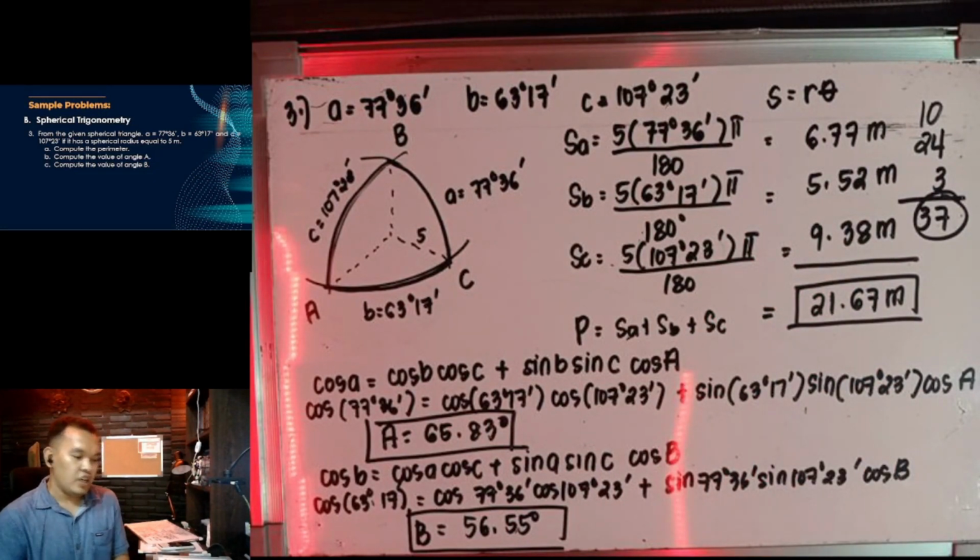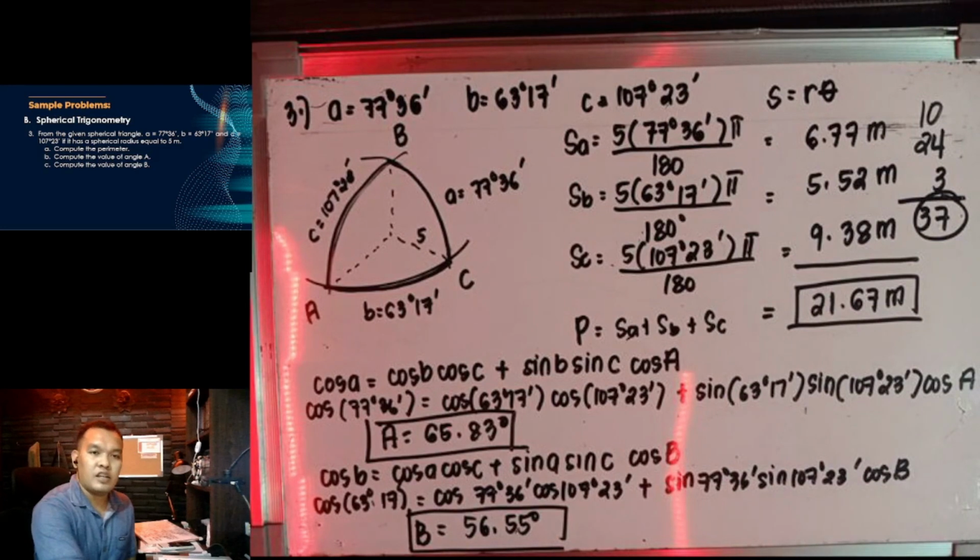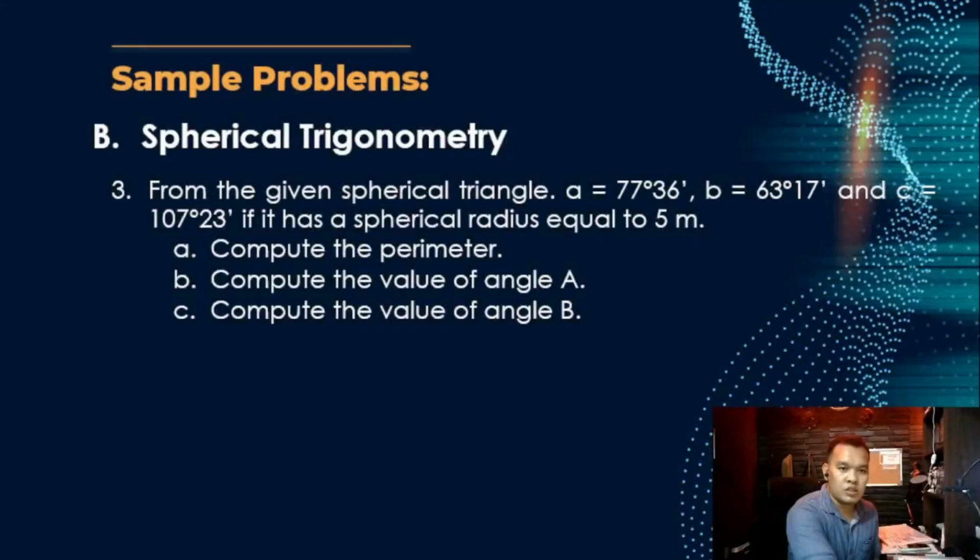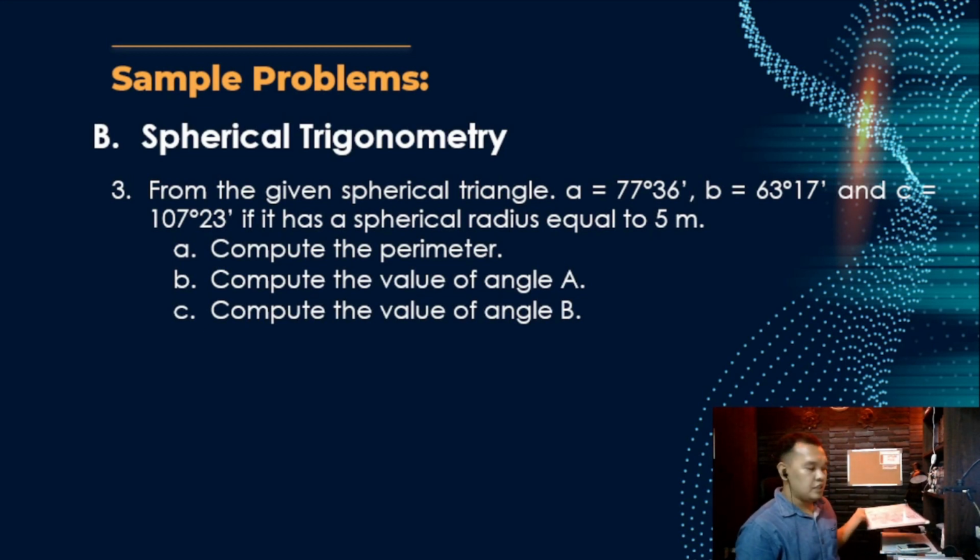So, I do hope na itong aking tutorial ay makatulong sa mga estudyante, lalo na sa mga higher years na kung saan ay graduating na may subject na correlation, and as well as dun sa mga nagre-review ng board exam.